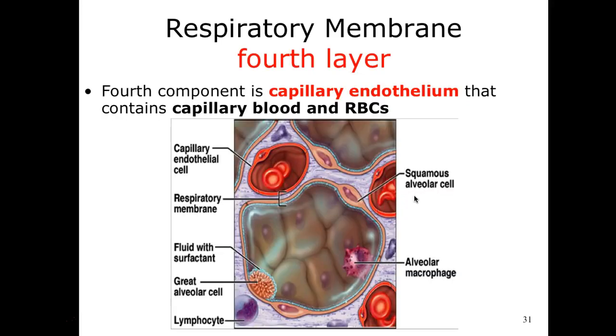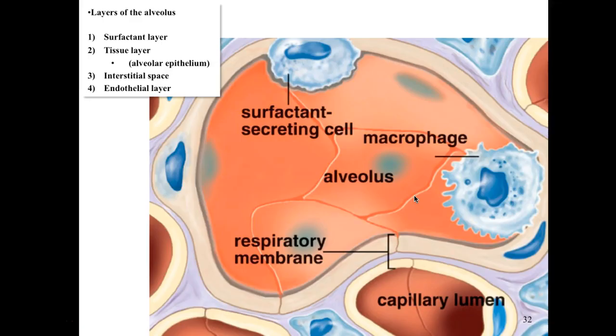And that brings us to our fourth and final layer, and that is going to be our capillary endothelium, and that contains the capillary blood and red blood cells. So just a quick little overview again. Our first layer has that surfactant within it to keep our air sacs nice and open.